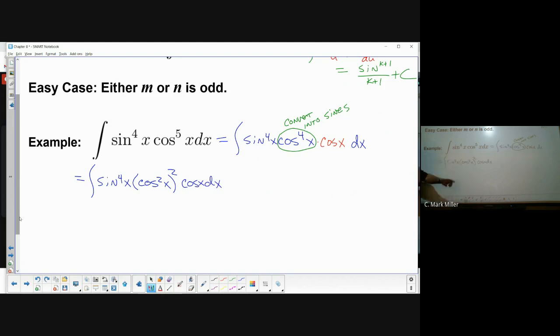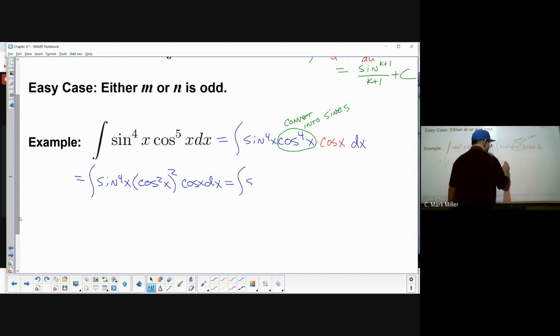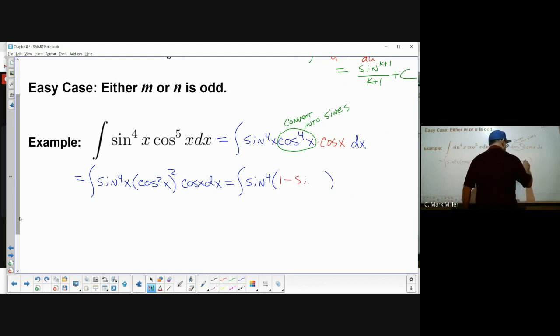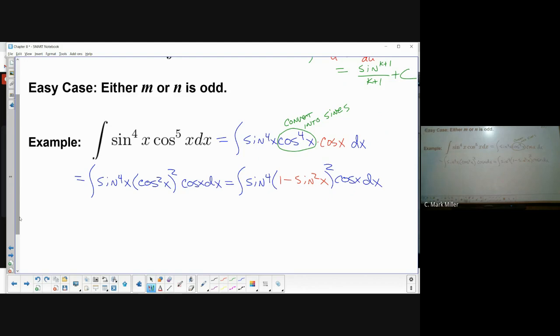I'm going to plug in for cosine squared. Cosine squared is 1 minus sine squared. So I plugged in for the cosine.